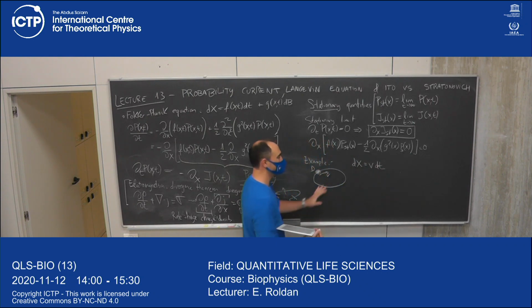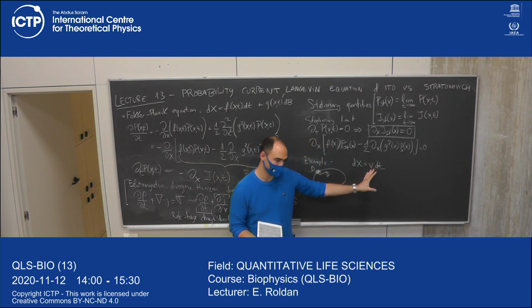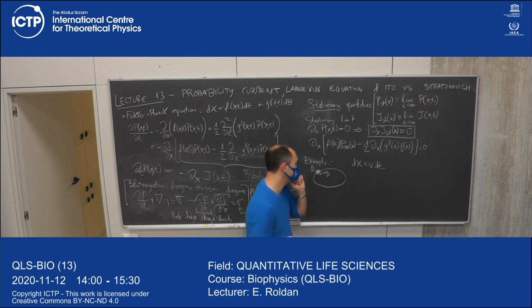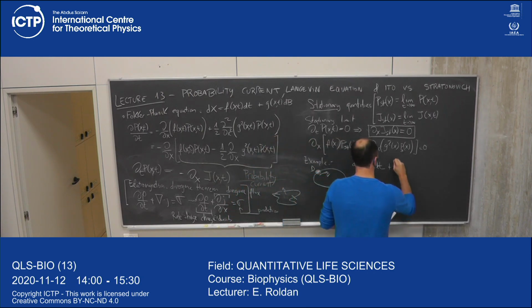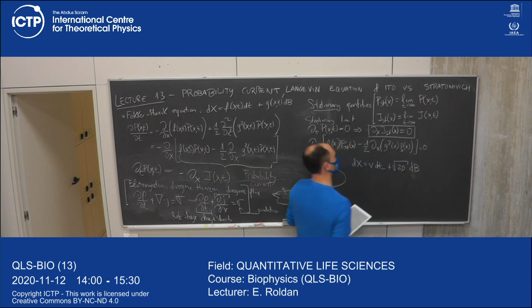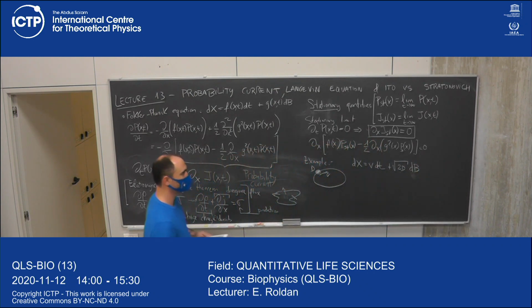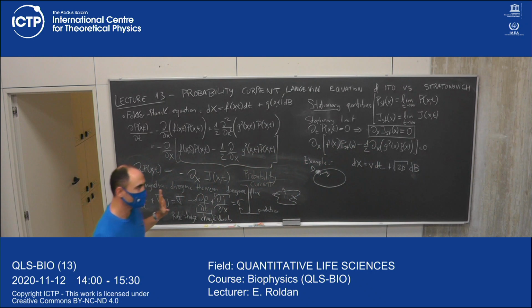If there is no noise, dx is V dt. But now we say there is noise, dW, which has amplitude square root of 2D. So this would be the equation.